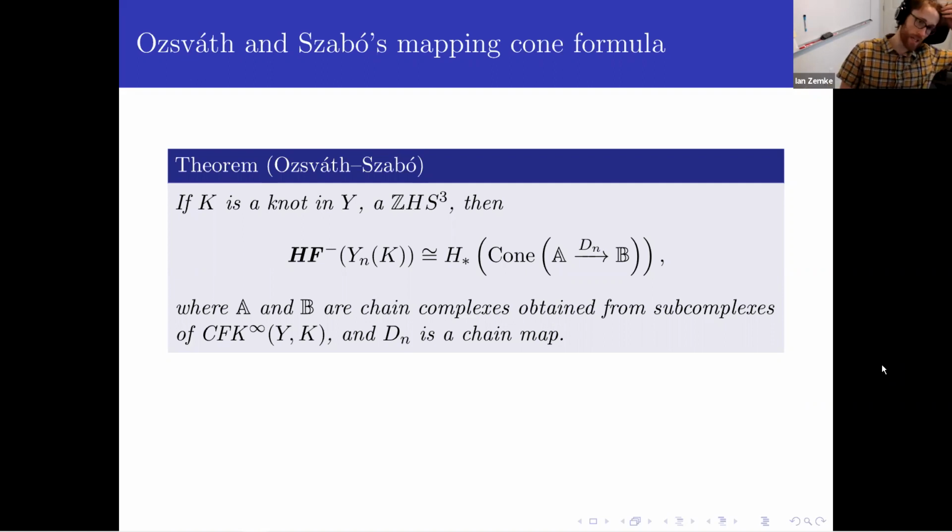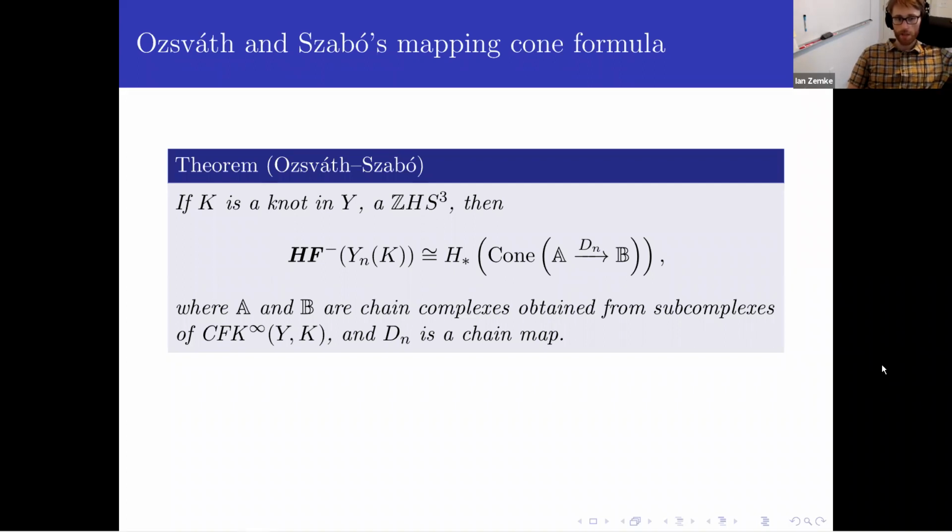Ozsváth and Szabó proved this remarkable formula that if you have a knot in a three manifold, there's a way of computing the Floer homology of the surgery from the knot Floer homology of the knot.